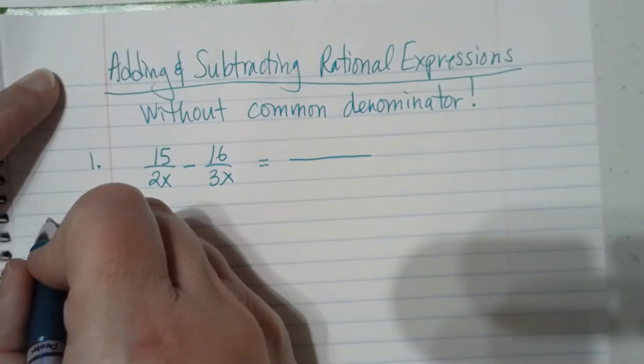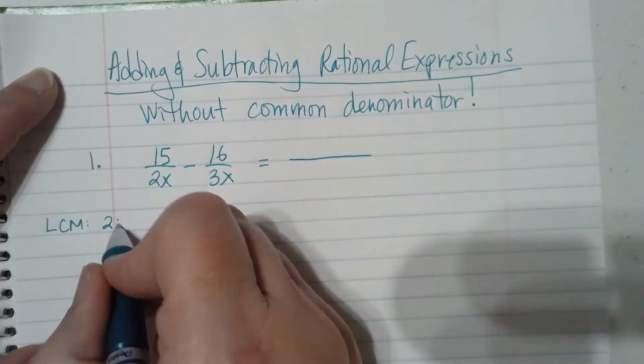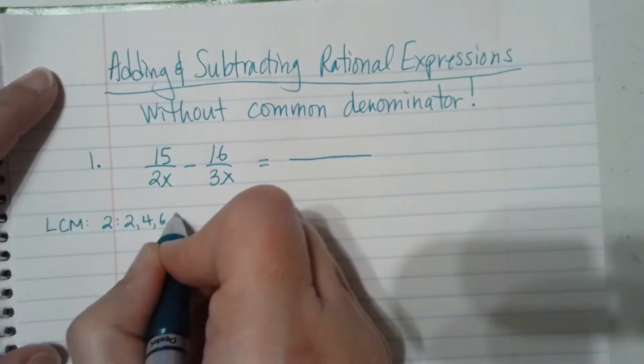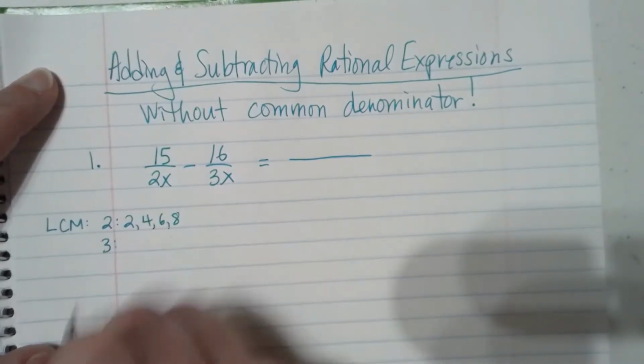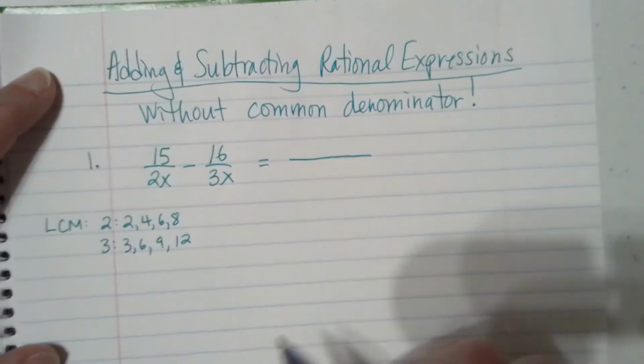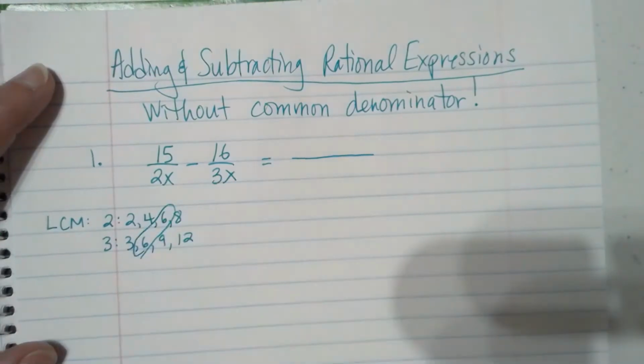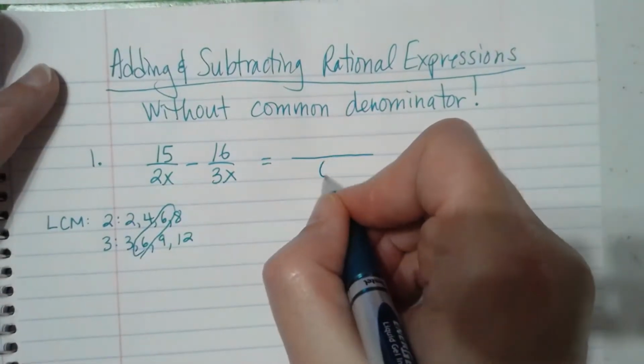I'm looking for the least common multiple. Think of multiples of 2: 2, 4, 6, 8. Multiples of 3: 3, 6, 9, 12. What is the smallest number that they have in common? 6. So our least common multiple is 6.